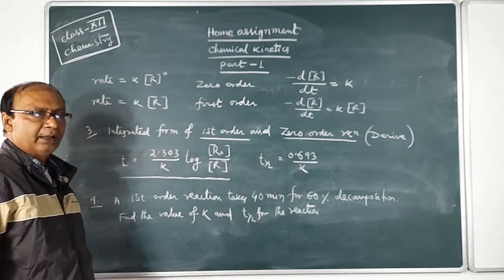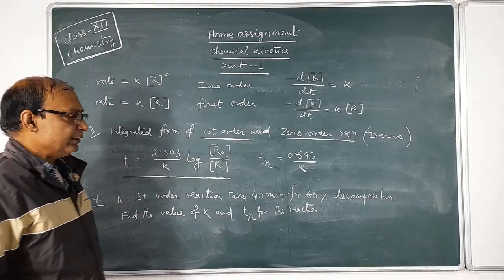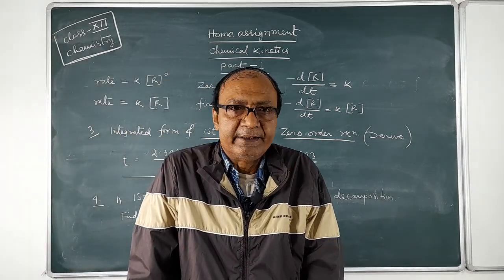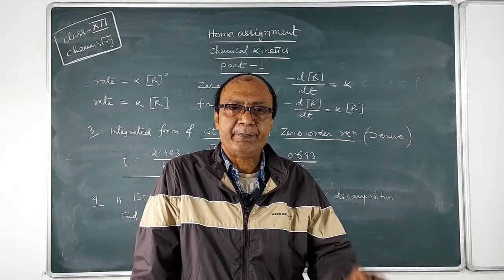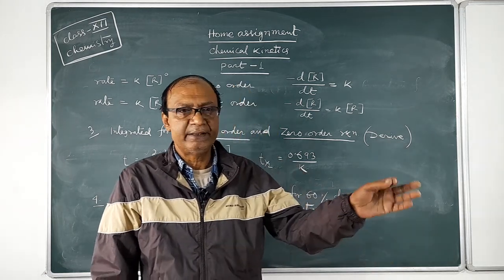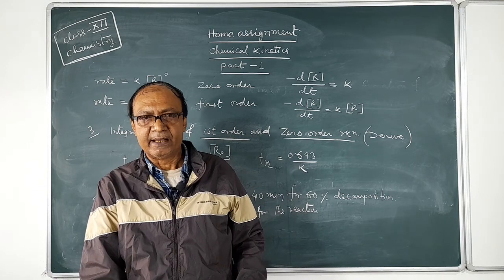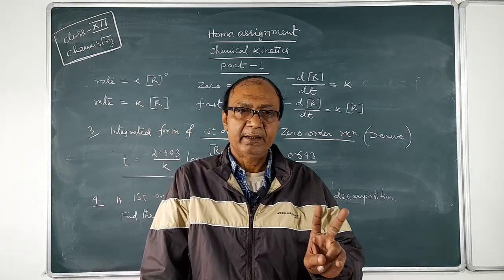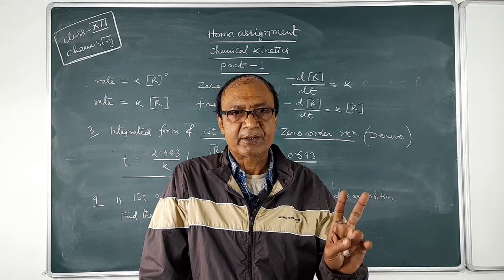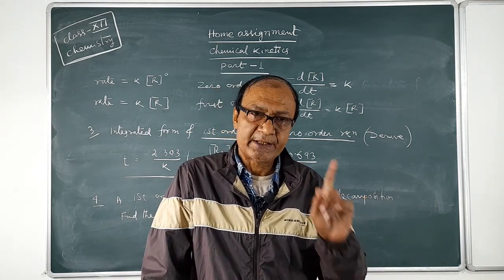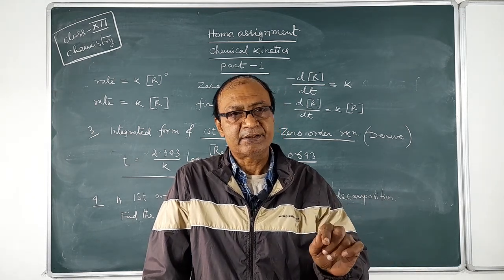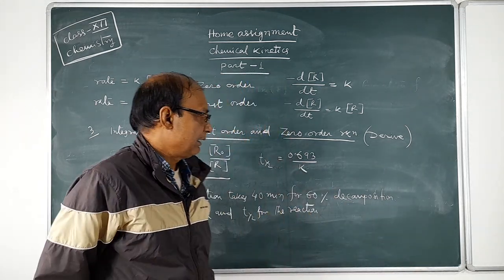The T half for a first order reaction is independent of the initial concentration. That means whatever the initial concentration of the reactant, it will take the same time for 50% decomposition if the reaction is of first order.